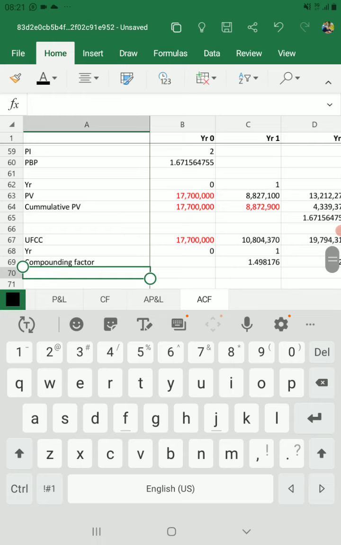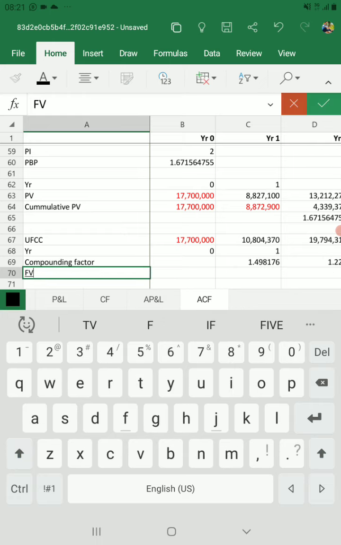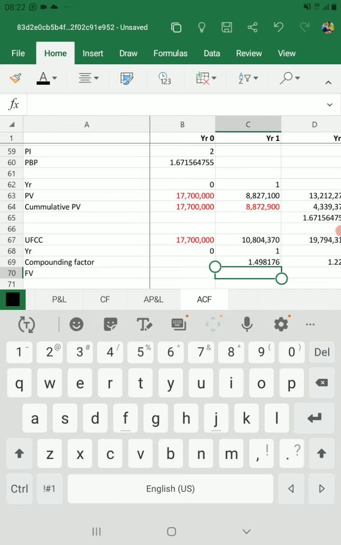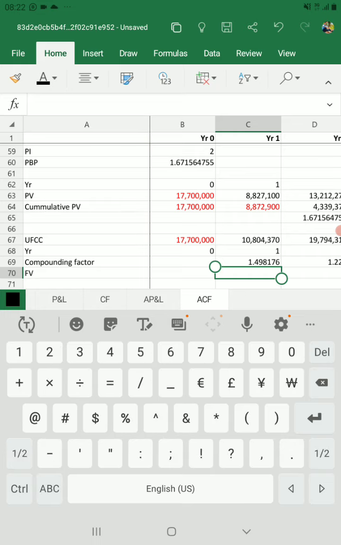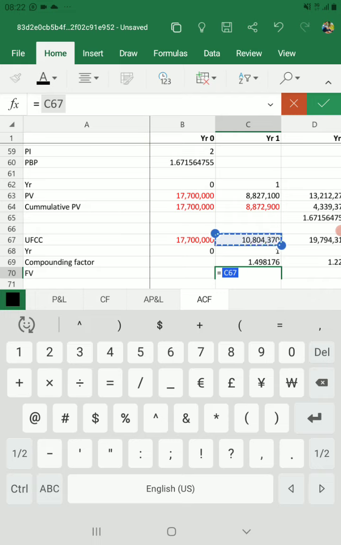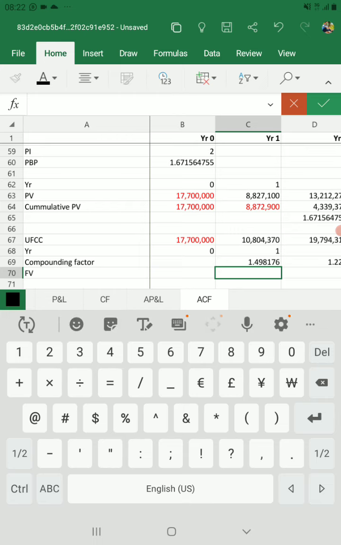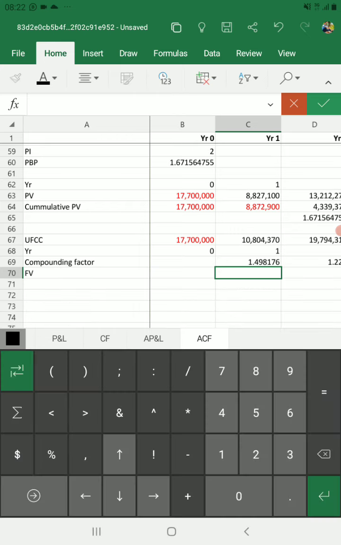Now we establish our future value of cash flows, starting from year 1 here. Start with equal sign, take the unlevered free cash flow, multiply by compounding factor.